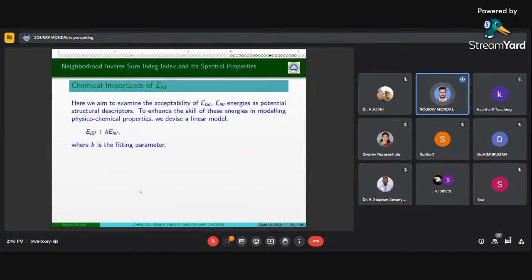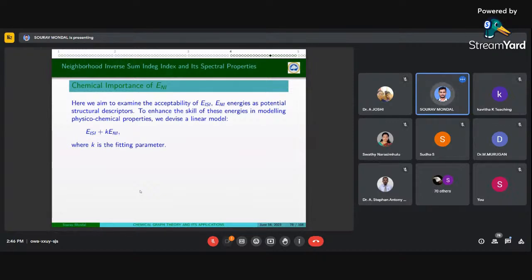That's why here we aim to examine the acceptability of EISI as well as ENI as potential structural descriptors. Unfortunately, no notable correlation is found for both the energies.